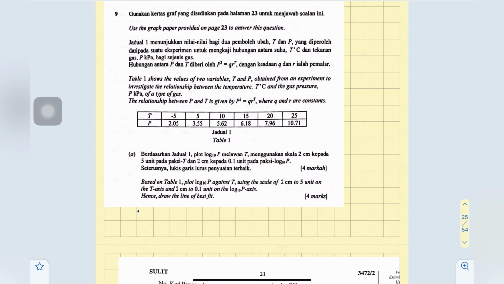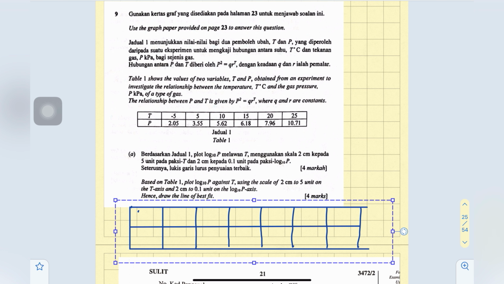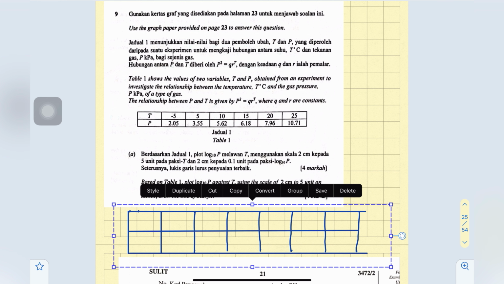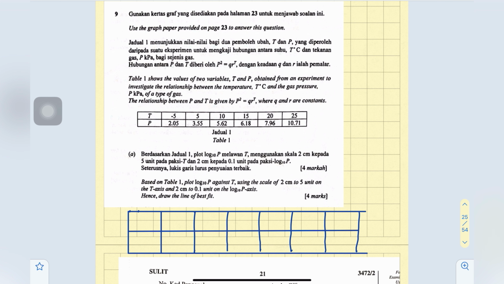Okay, so kita kena construct table. So dia nak dekat sini is T dengan log P base 10. Here we got T negative 5, 5, 10, 15, 20, 25. Log P, log 2.05, kita dapat 0.31, 2 decimal places.